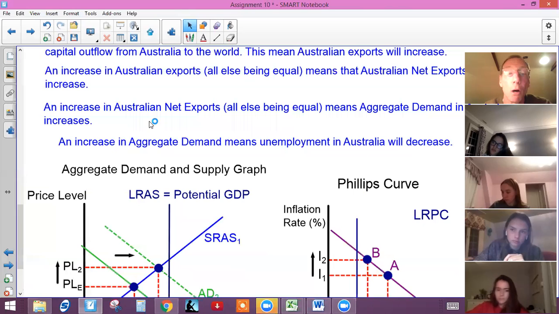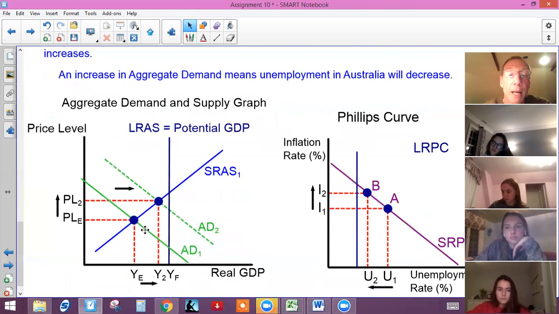So when they go up, it means that aggregate demand goes up and shifts out, which means that output goes from YE here to Y2. That means we get closer to full employment, because remember, potential GDP, where the long run aggregate supply curve is, is where we are at full employment.